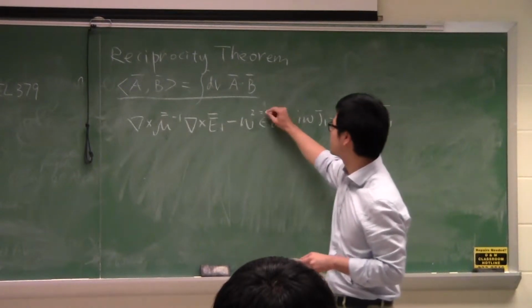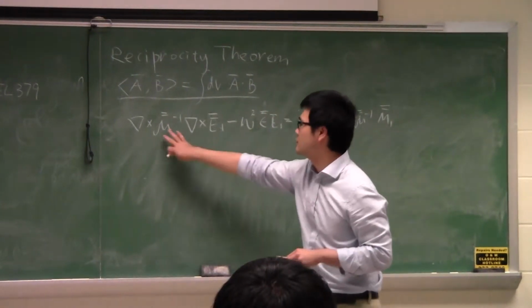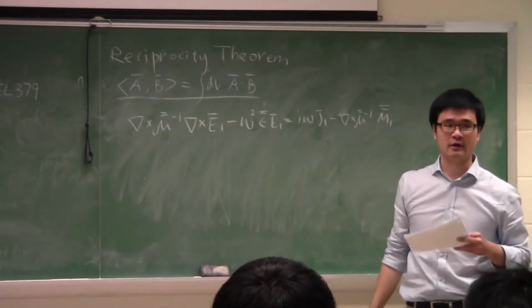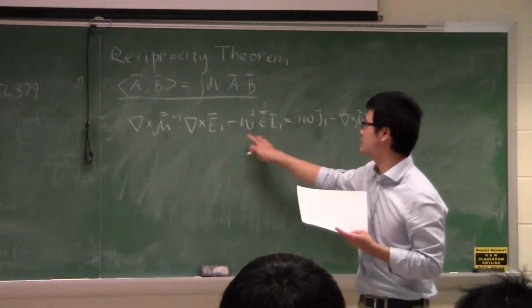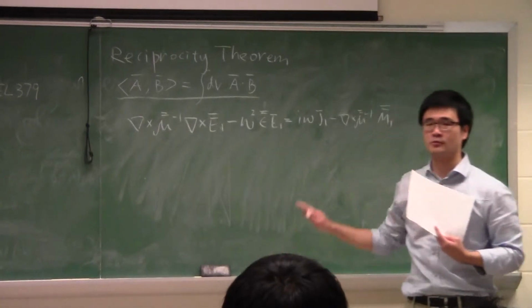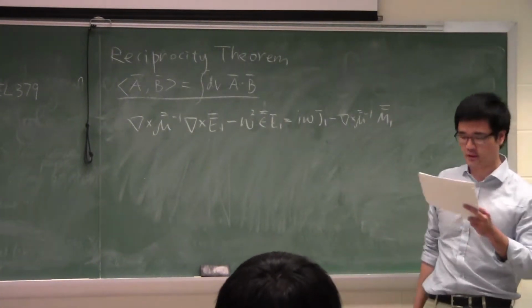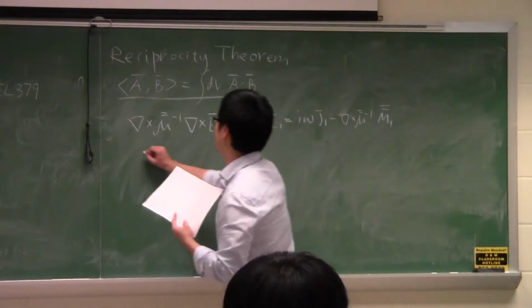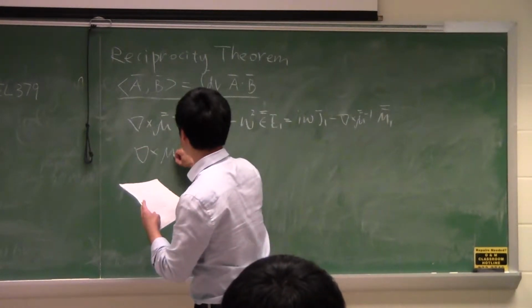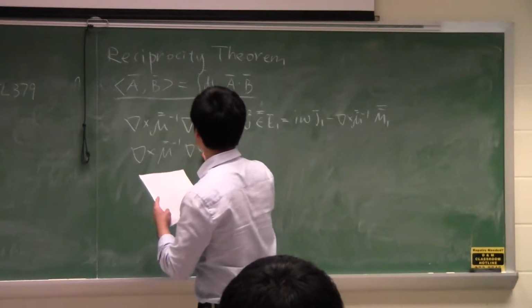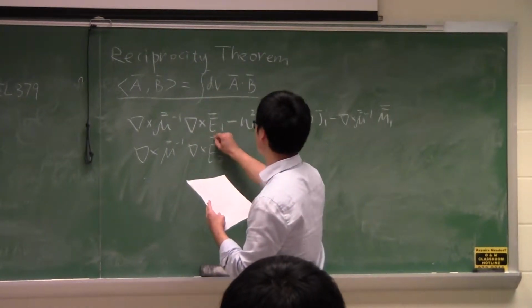But here I keep all these as tensors, meaning that I account for anisotropic media, and I also keep these within the derivative, meaning I'm accounting for inhomogeneous media. The second equation is just changing the index from 2 to 1.